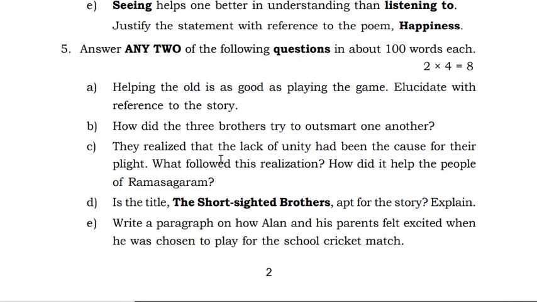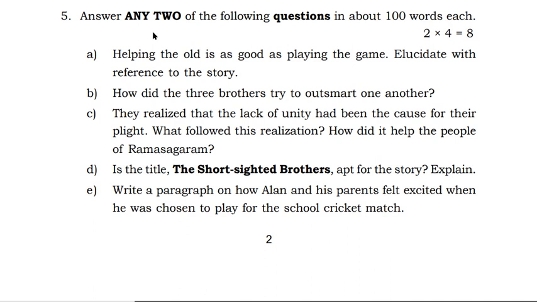Then question number 5, if you observe, is also about question and answers only, and here also they gave you 5, the word limit is 100, and each one carries 4 marks. Then from what will they give the questions here? Yes, these are from short stories. You should remember it.